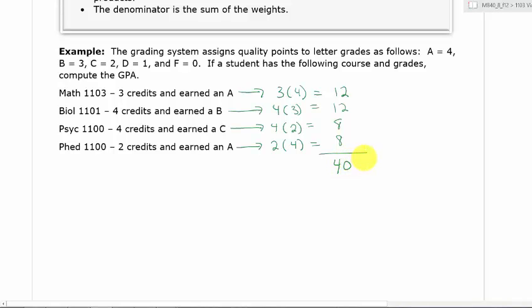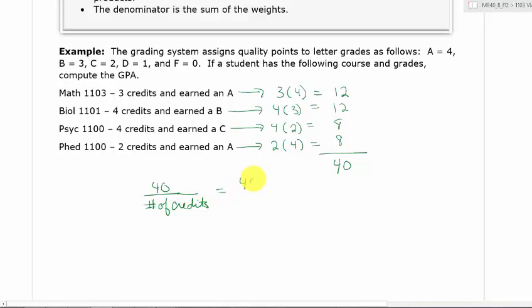And then we need to divide by the total number of credits, because the number of credits is our weight in this case, because we want an average of what the letter grades are in their equivalent numeric form. So we're going to take this 40 and divide by the number of credits. So this is basically what's your average numeric grade per credit.